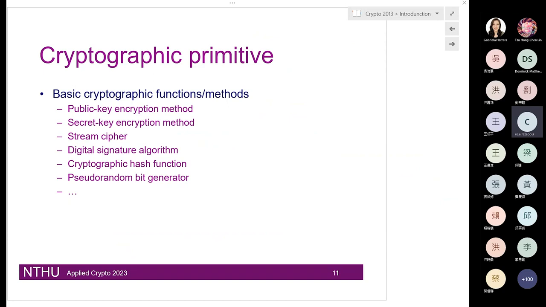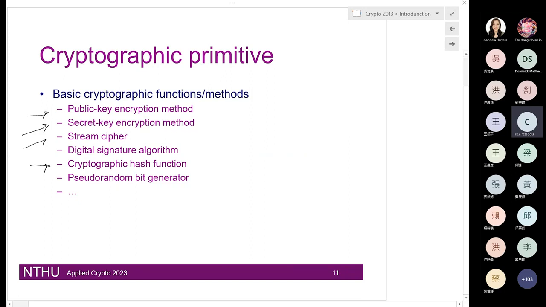If you want to go through some of those fundamentals or primitives, of course, there are public key encryption systems, signature systems, secret key encryption methods, stream ciphers, and digital signature schemes; we talked about them. Cryptographic hash functions, a good and strong one, are also considered a primitive.